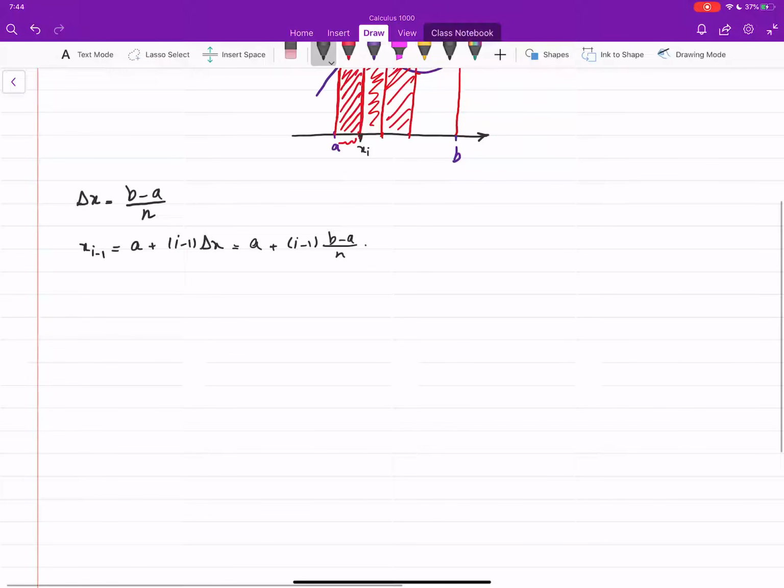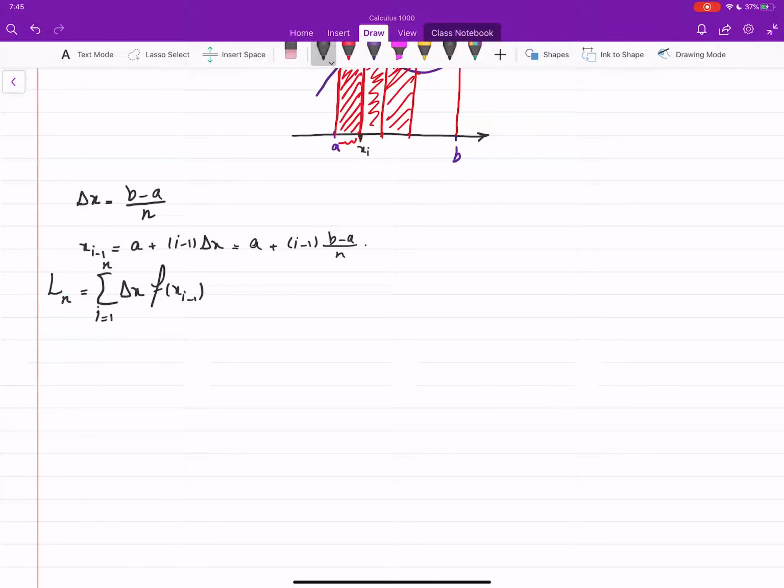Then the area of the rectangle on each subinterval, on the ith subinterval, is going to be this, using the left endpoint. And then you sum all these things from the first rectangle up to the nth. This is the left endpoint approximation, and we use L_n, with n for the number of subintervals.